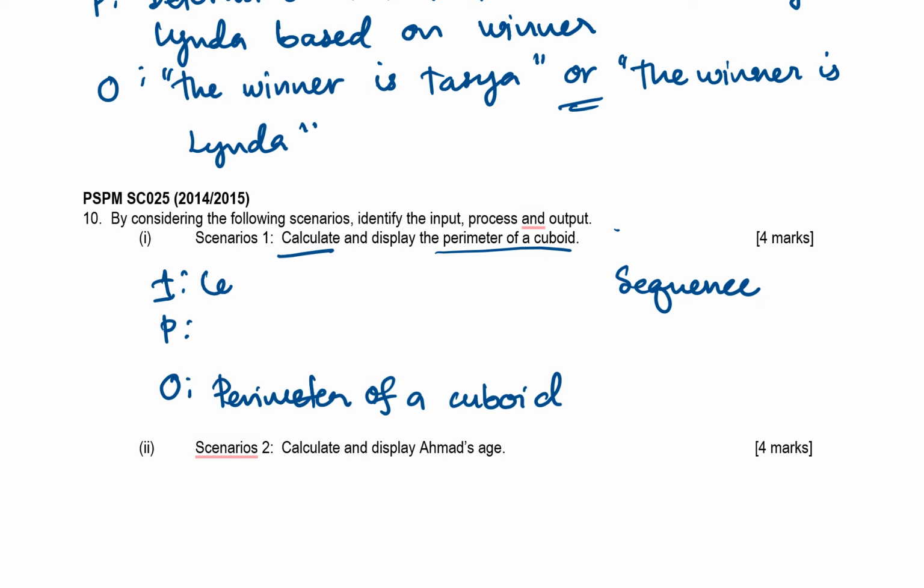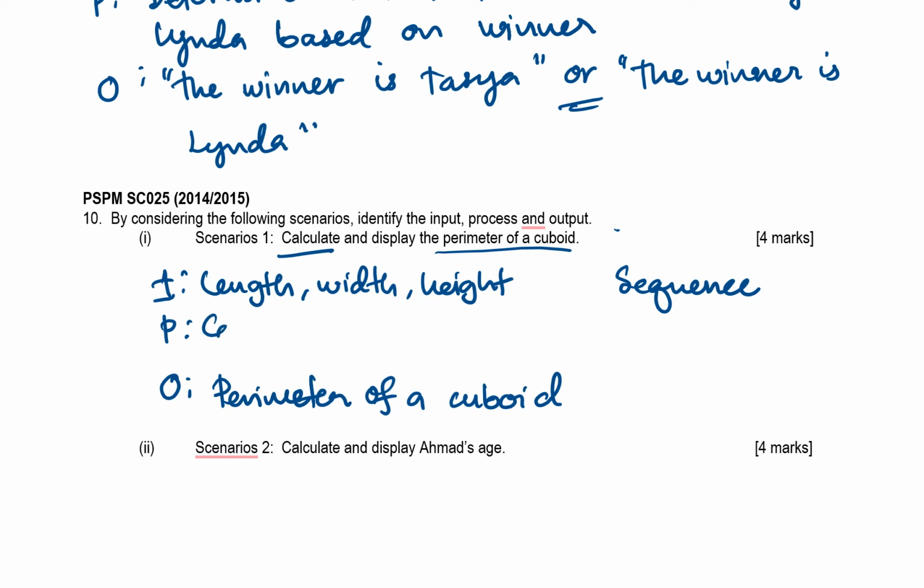Of course, the length, comma, width, and height. This is the variable that you need to write to calculate or to get the perimeter of a cuboid.